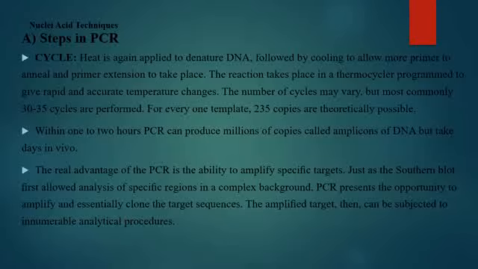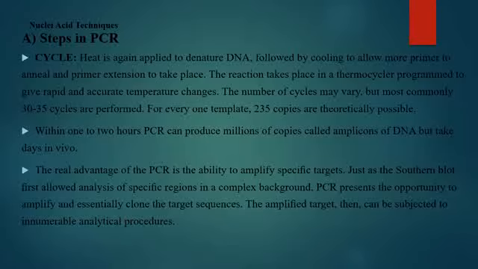So it produces to the end, and it starts the process again: denature, anneal, extend. Now in this thermocycling procedure, the number of cycles may vary from one to the other, but usually it's between 30 to 35 cycles that are performed. So the cooling and heating repeats itself between 30 to 35 times.